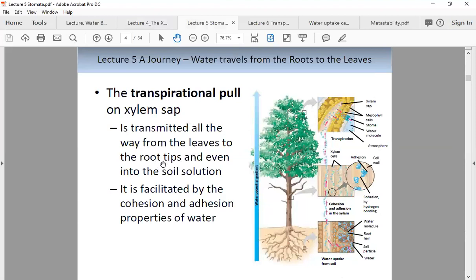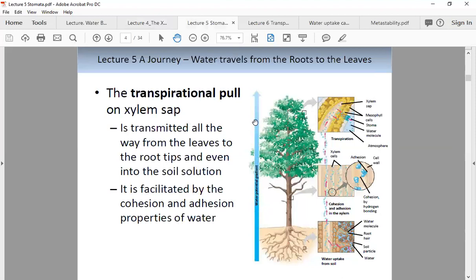Of course, only when transpiration rates are really high, then that negative tension can be transmitted all the way down to the actual roots. And we also know to a certain extent that transpirational pull is facilitated by certain properties of water.